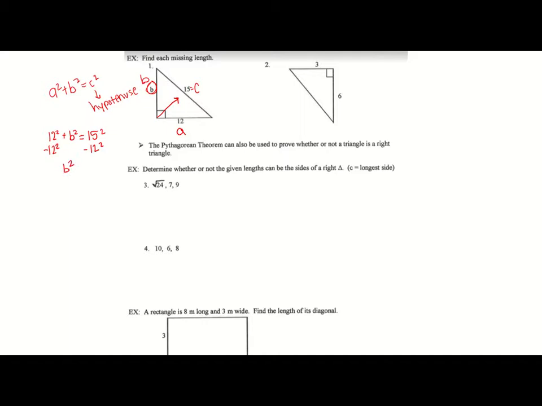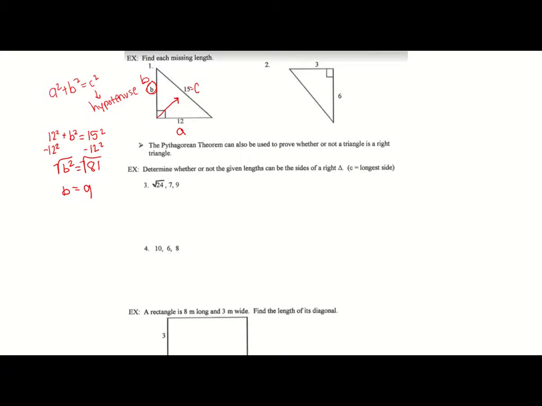I have b squared left on this side, and when I do 15 squared minus 12 squared, I get 81. My final step is to get rid of the squared, so the opposite of square is square root. And I get b equals 9.